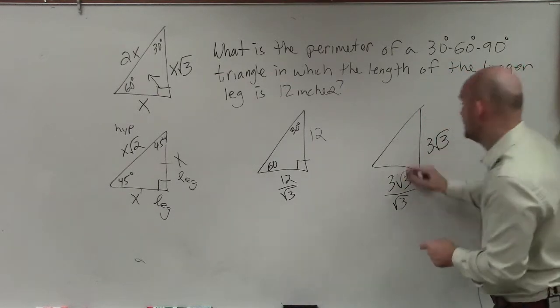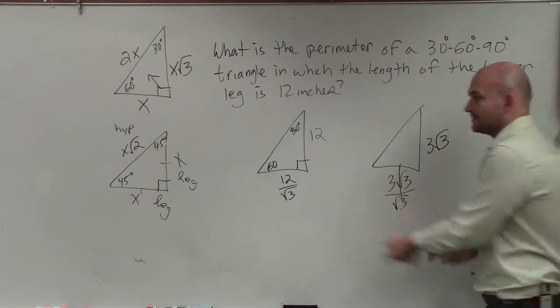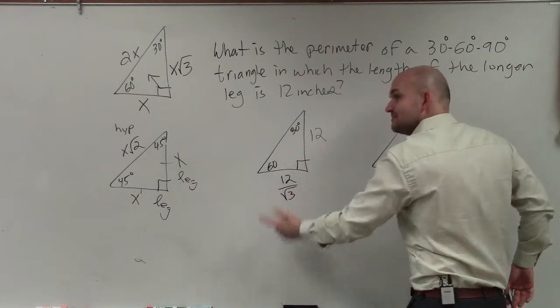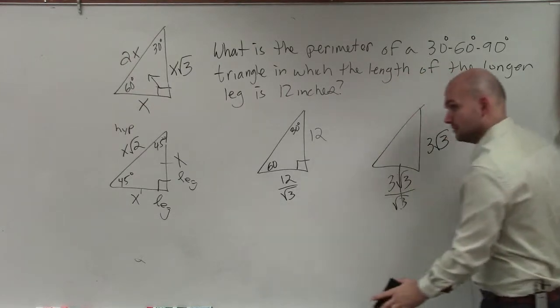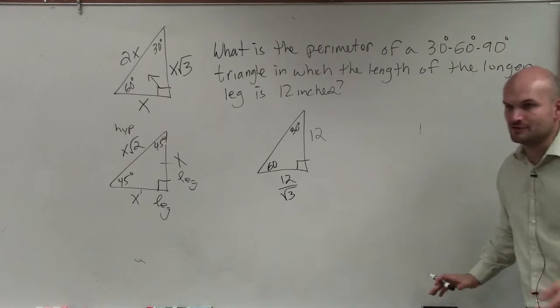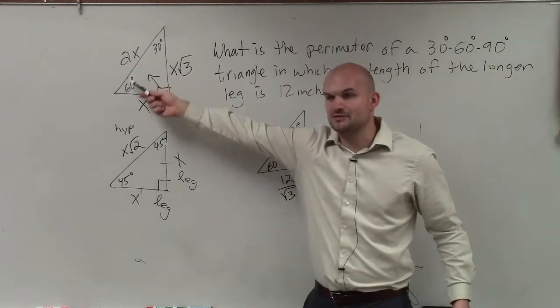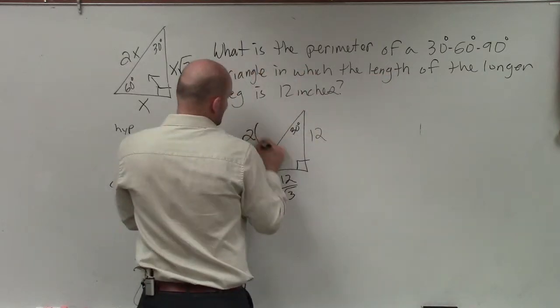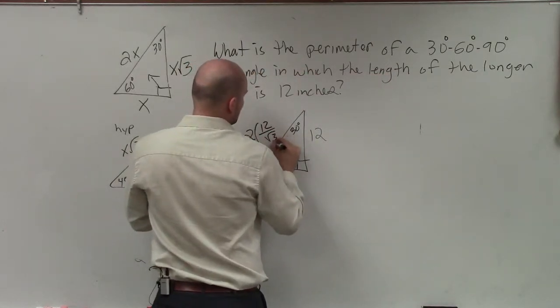Does it make sense? And then that would cancel out, and that's why you get 3. So I gave you 12. So to go back, you would have to divide by the square root of 3. OK? Now, to go from the hypotenuse, George, what do you have to do? To go from the short leg to the hypotenuse, you have to multiply by 2. So I can write this: 2 times 12 over square root of 3.